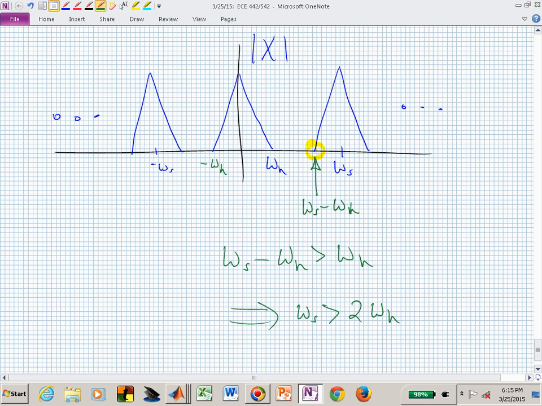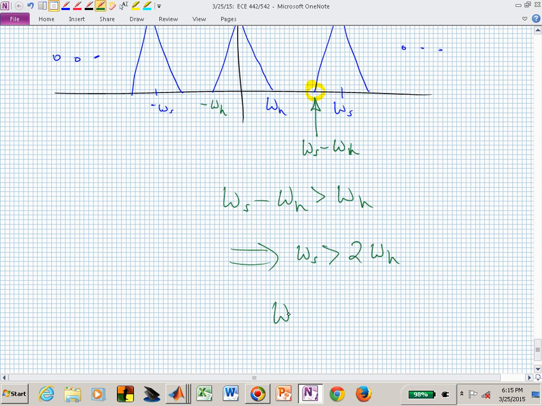We could solve this now for omega sub h, and omega sub h is now less than omega sub s over 2. That's where that Nyquist frequency is coming from.